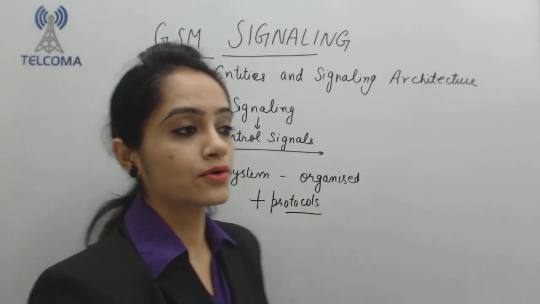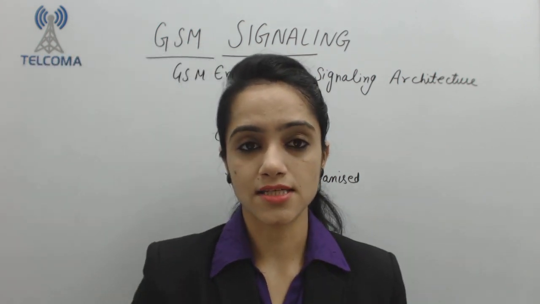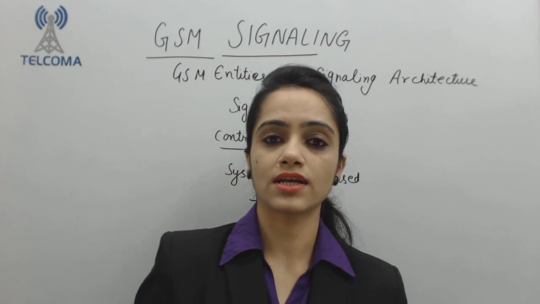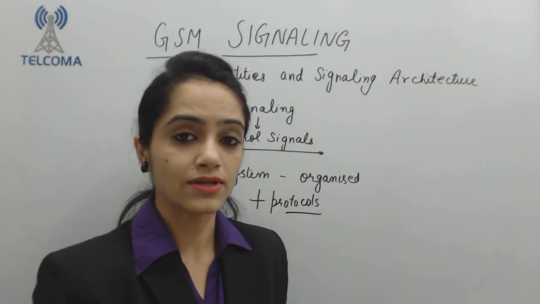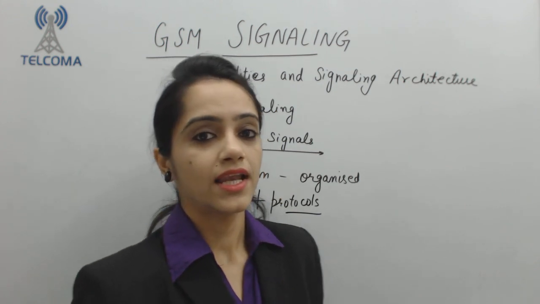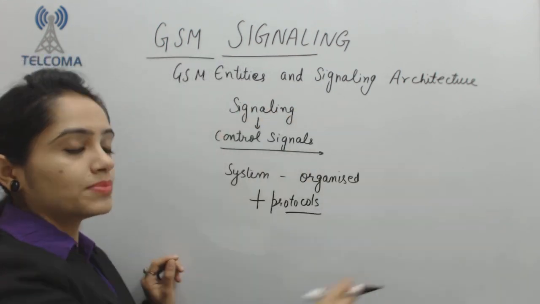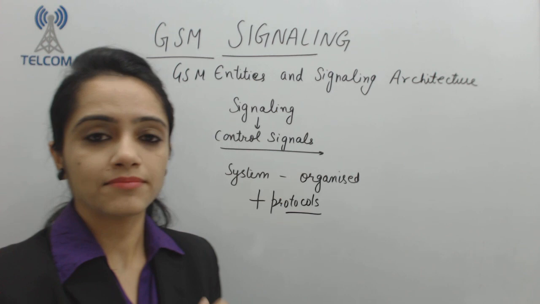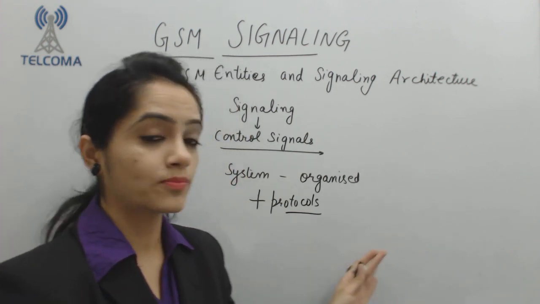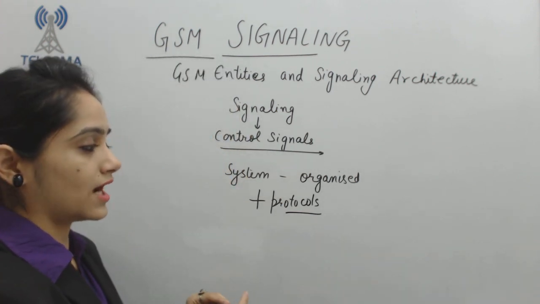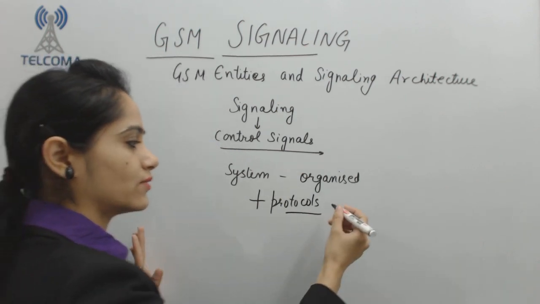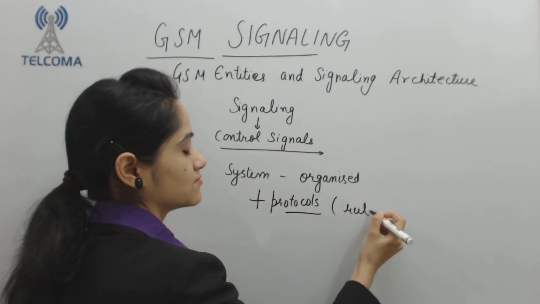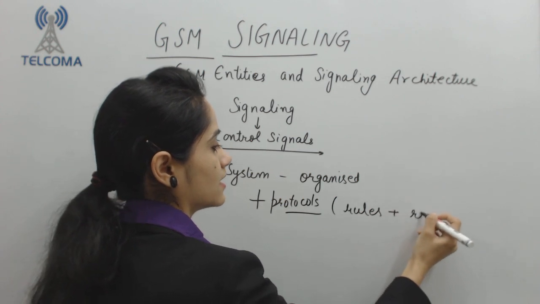Like if I want to design my organization systematically, I require some rules and regulations. Like this, GSM is a complete system and I want my GSM system to run appropriately, so I want to add some protocols in the GSM system. That means to regulate, I require to add some rules and regulations.